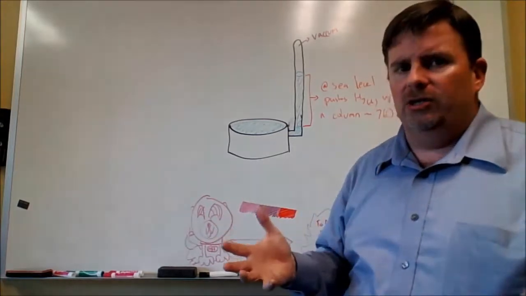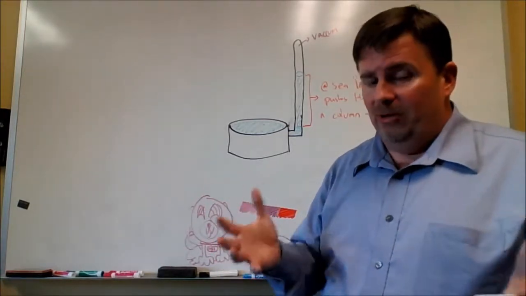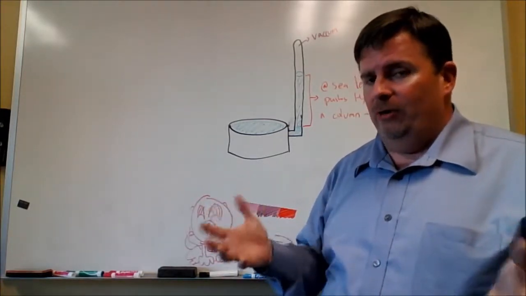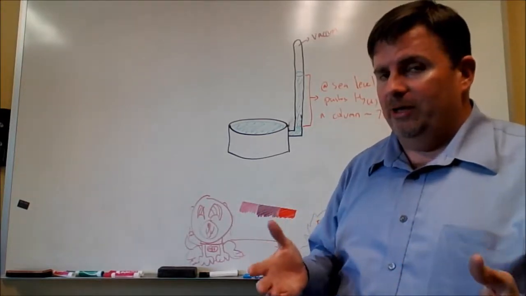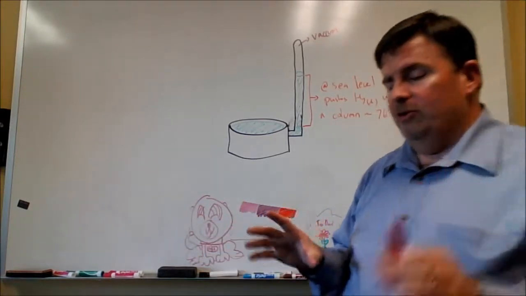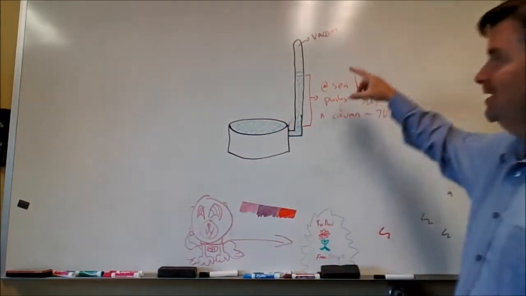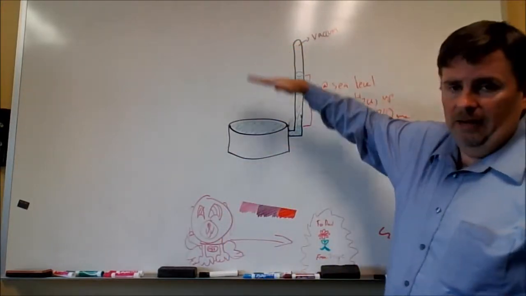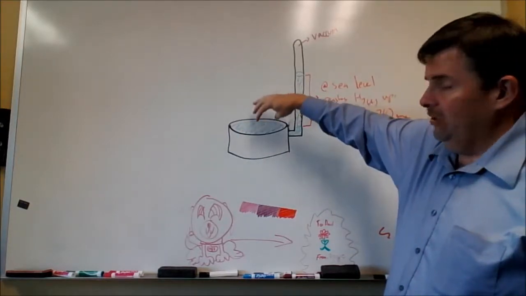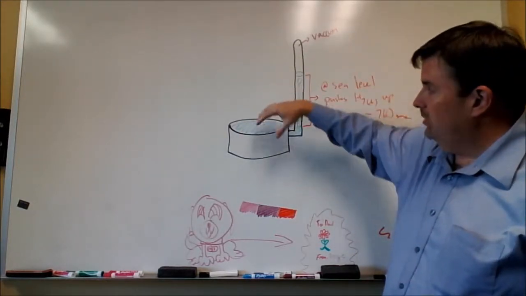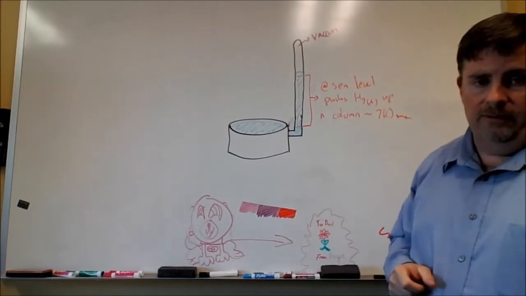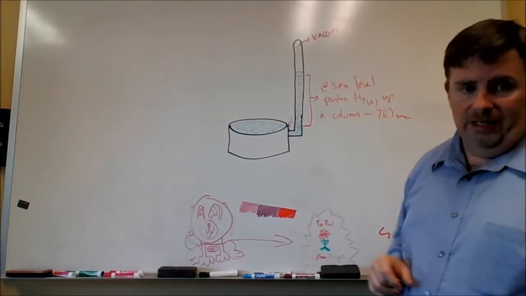Okay, and this is a measurement of how much force is pushing that mercury. The mercury is a very dense liquid, right? And it's a metal, so it's heavy. If you've ever held a jar of mercury, you know what I'm talking about. But for the most part, whenever you're dealing with mercury, it's a very dense metal. That dense metal, since the atmosphere is pushing down right here on the mercury, as it pushes down on the surface, it's forcing the mercury up, so long as there's a vacuum right here.